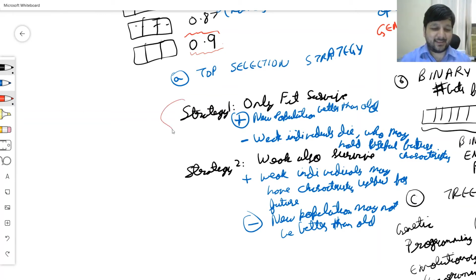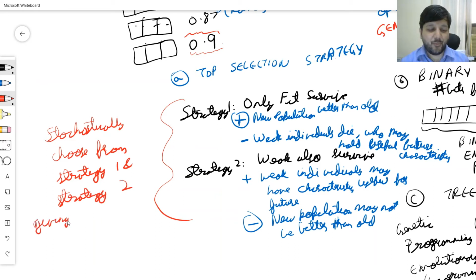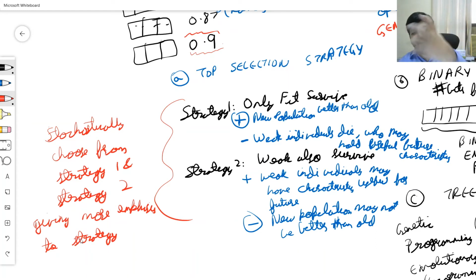So my resultant strategy is stochastically choose from strategy 1 and strategy 2, and it's obvious that giving more emphasis to strategy 1, because strategy 1 is the normal evolution, the fitter survive, the new population is better than old, new better mutations are rewarded by survival, they are encouraged by more reproduction.